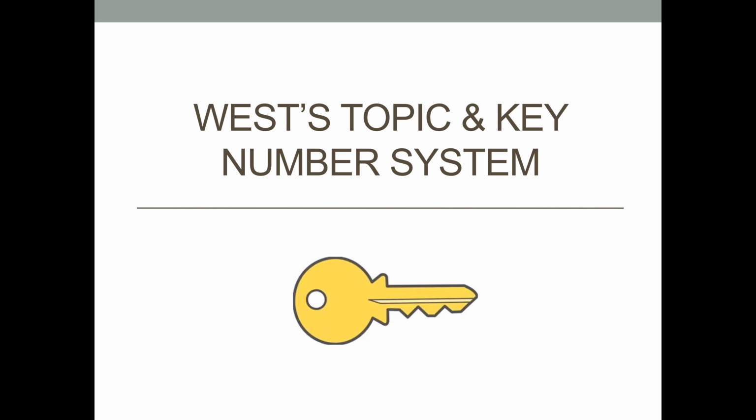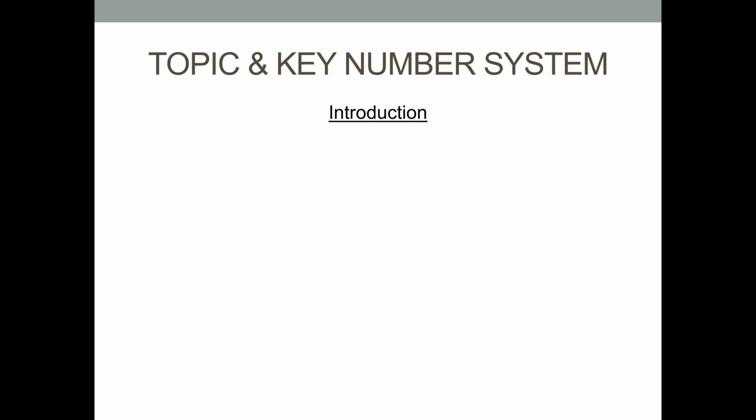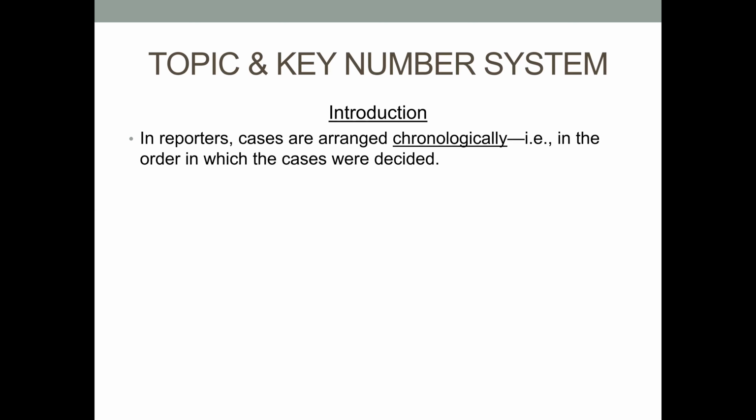West's topic and key number system is a proprietary system that West developed long ago, and it was a massive undertaking. The reason West originally came up with this system is the simple fact that in case reporters, the cases are organized chronologically. That is, in the order in which the cases were issued or decided.